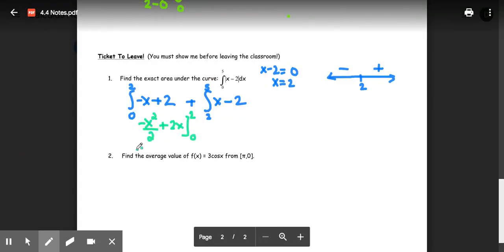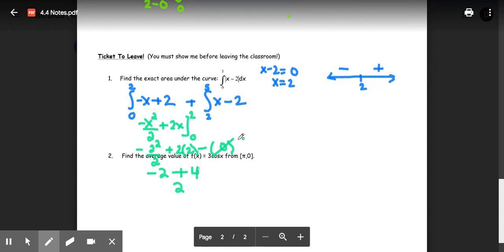So that's going to be negative 2 squared over 2 plus 2 times 2. And then minus, now you're taking 0 and plugging it in. But if I take 0 and plug it into both parts, I'm just going to get 0, so that's going to cancel out. Here I'm left with negative 4 over 2, which is negative 2, plus 4. So the first area of this integral is 2.